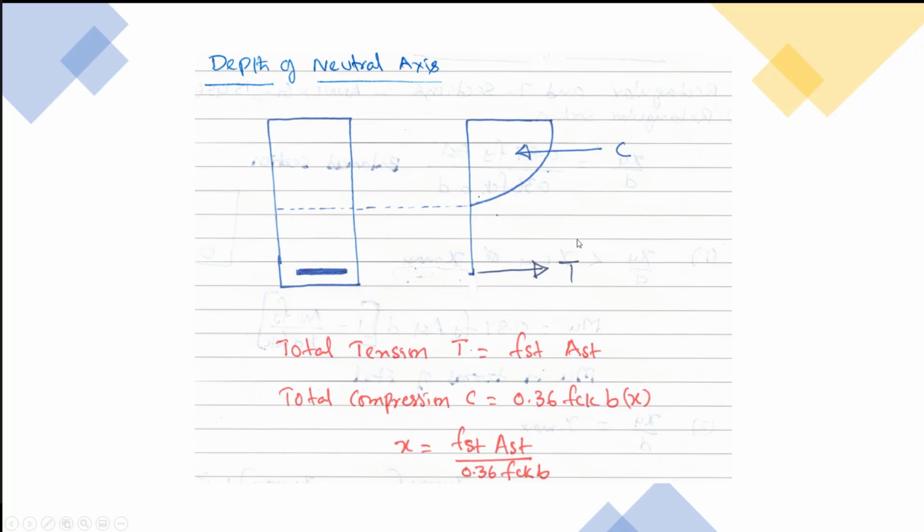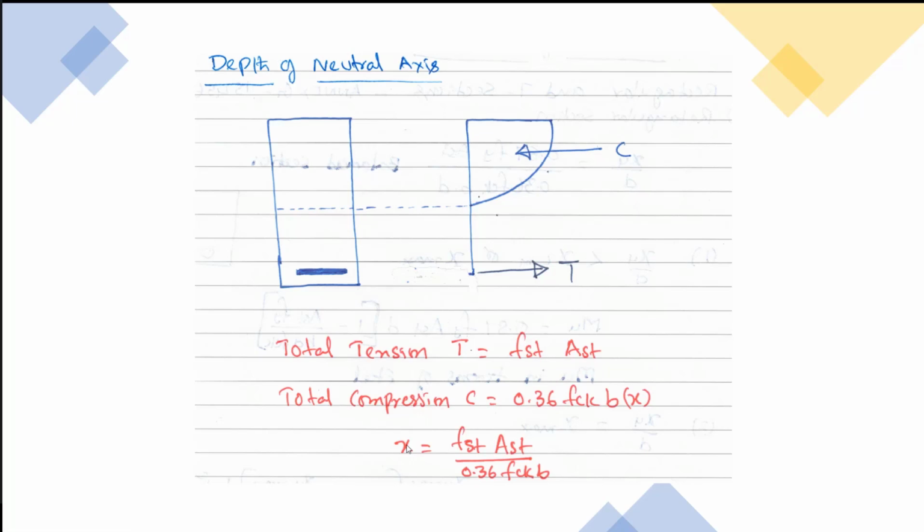That means the yield strength of the steel times the cross-sectional area of the steel gives the tension capacity, whereas the compression capacity is 0.36 fck b x. x is the neutral axis depth, which is calculated as Fst, that is Fy Ast, divided by 0.36 fck b. So this gives the neutral axis depth of the cross section.